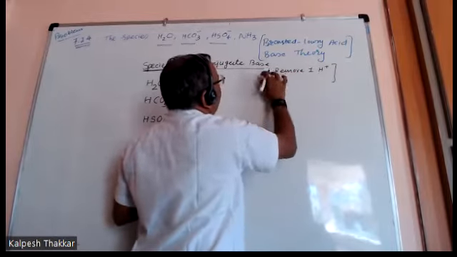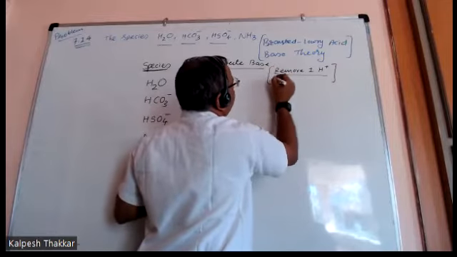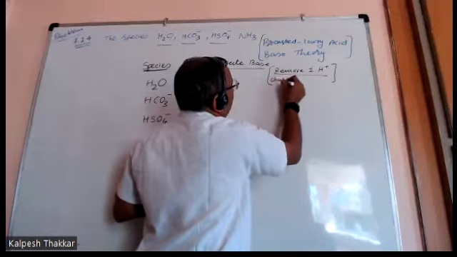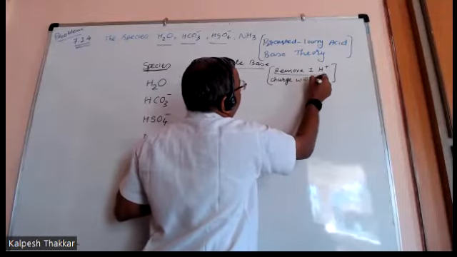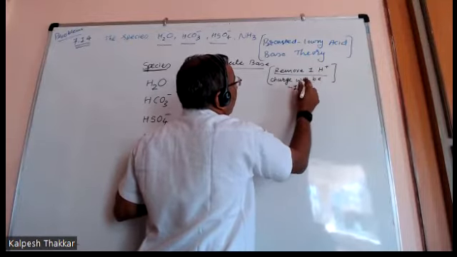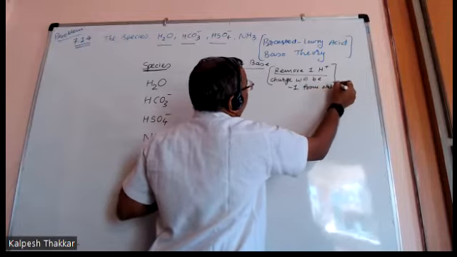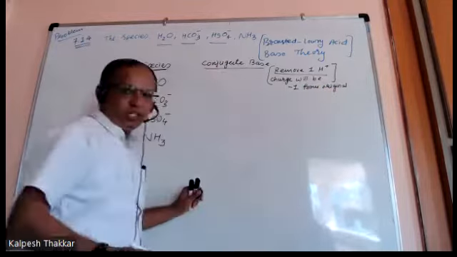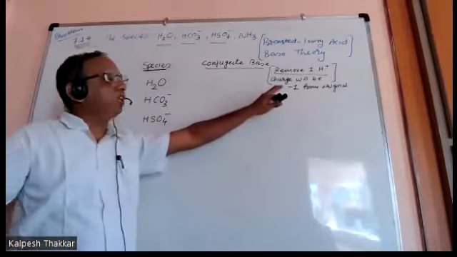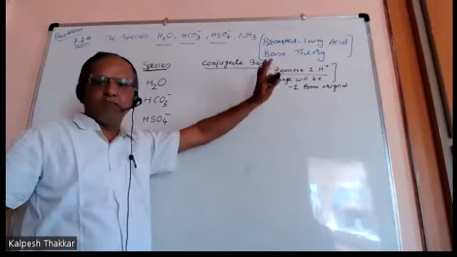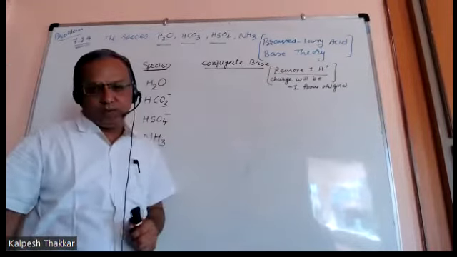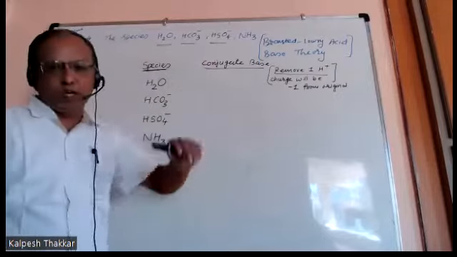As well, friends, when we remove one H plus, the charge will be minus 1 from the original charge. So whatever original charge is given, you subtract 1 from it and you will get the conjugate base.